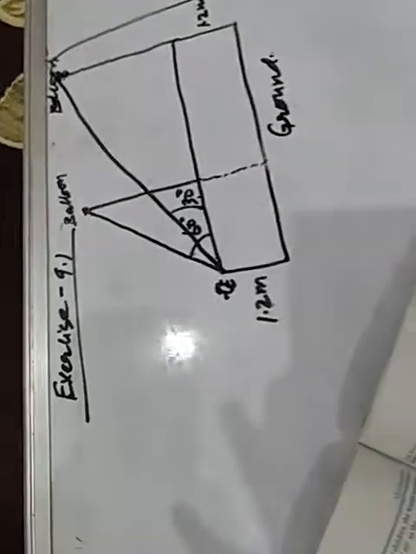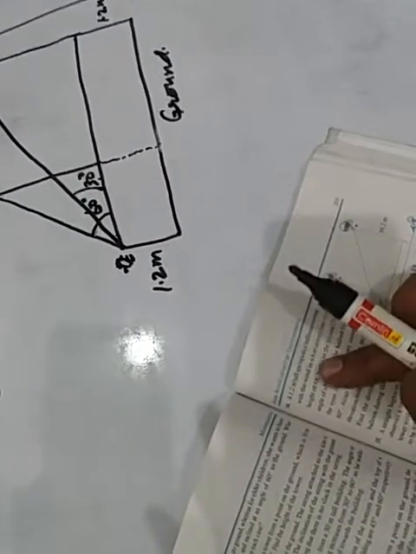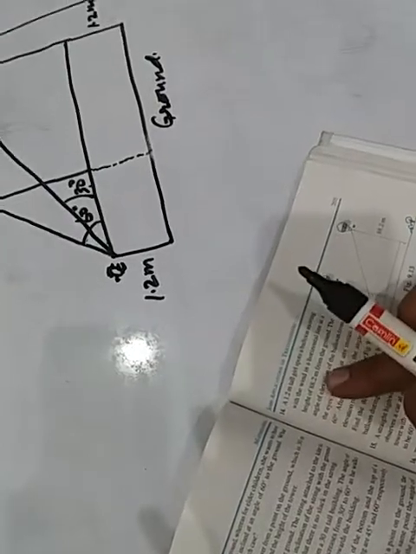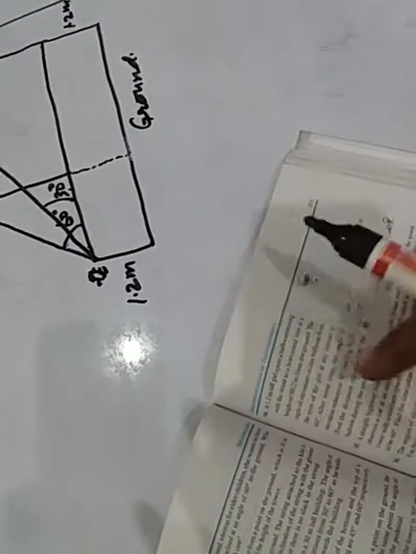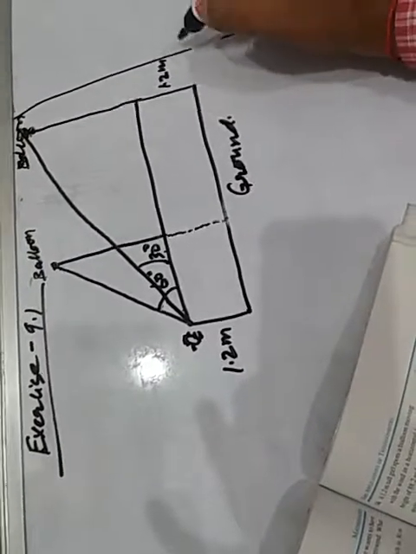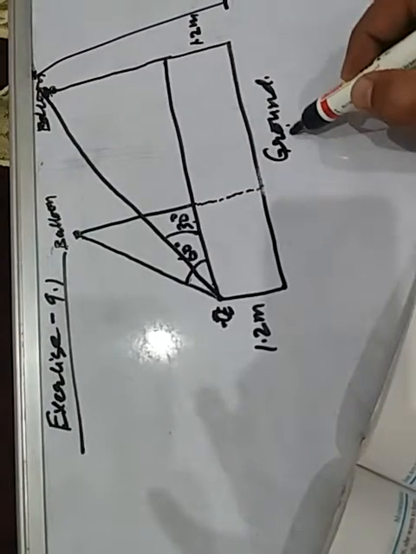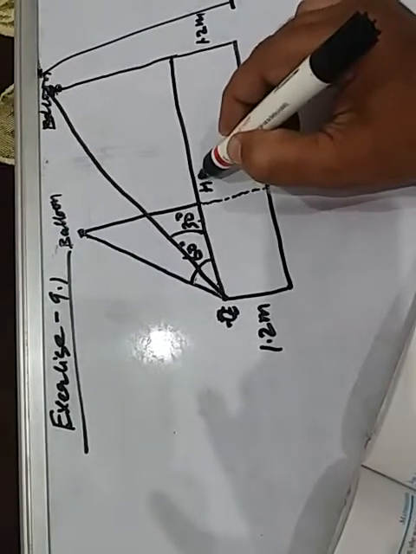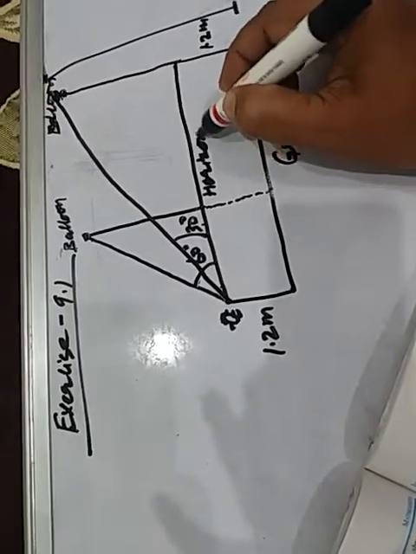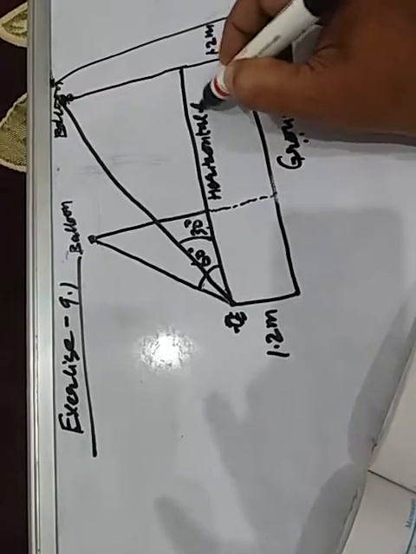And the balloon moves with the wind in a horizontal line at a height of 88.2 meter from the ground. Here, this is an important thing: what is the height of the balloon from the ground? This is the ground, and this is the horizontal level.